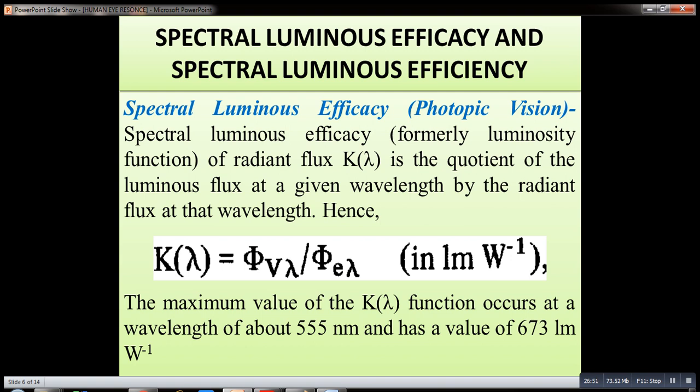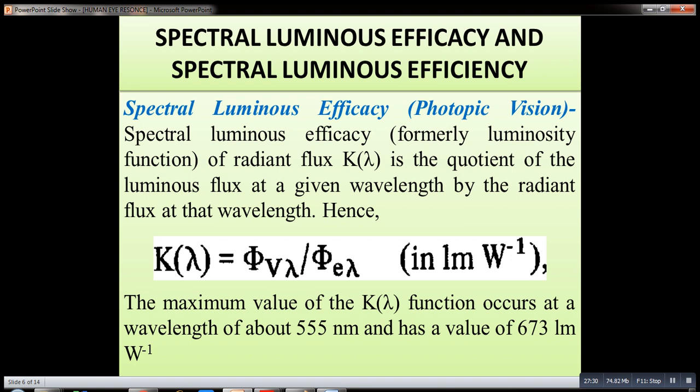Zero. In this case, 1 watt equals 0 lumens. The output radiant flux is equal to 1 watt, but the luminous flux is 0. Thus 1 watt equals 0 lumens.